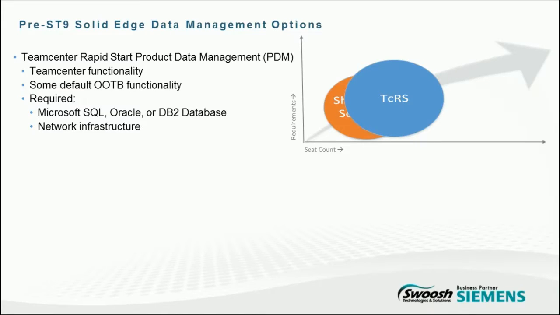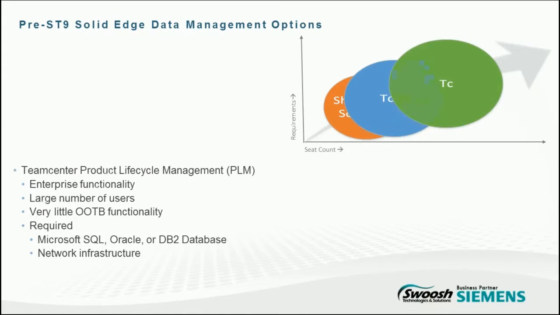However, it's a subset of Teamcenter where they've taken a lot of the functionality and made it more out of the box for easier implementation and support. It has a little bit more infrastructure requirements in terms of a database that you see listed there, and there is a network infrastructure component to it.